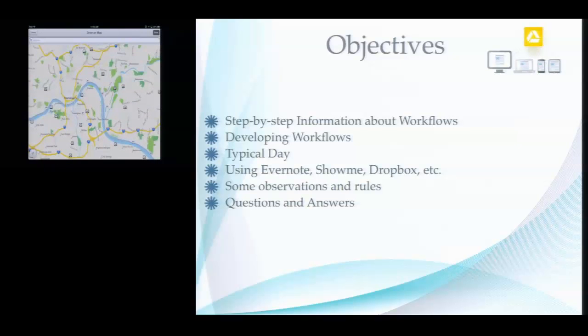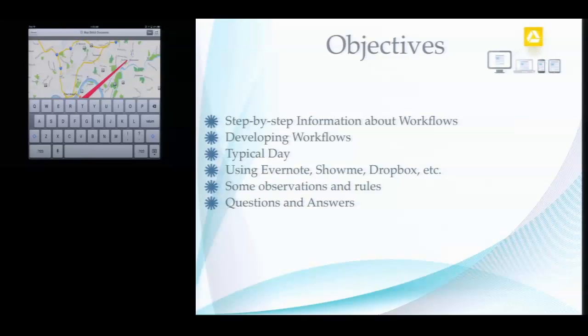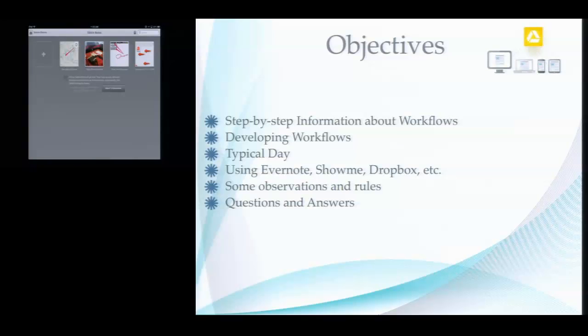So I just take a snapshot of this. And now I just say, we are right about here, that's where Thomas More College is. And I save this here. And it goes in my Evernote also.